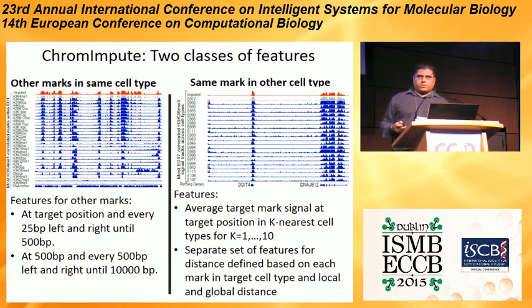And the question is, how do we decide what are the K-nearest cell or tissue types? For each mark that we do have mapped in this target cell type, we define a different set of the K-nearest ones, both separately based on a global distance measure and then also locally, around that specific target position.